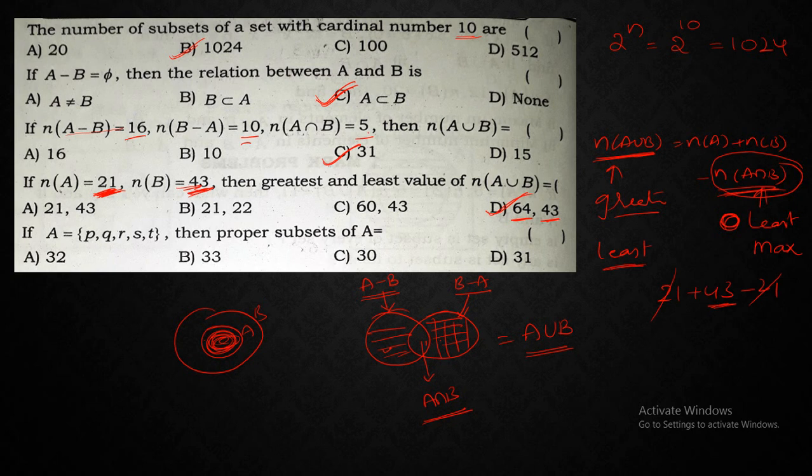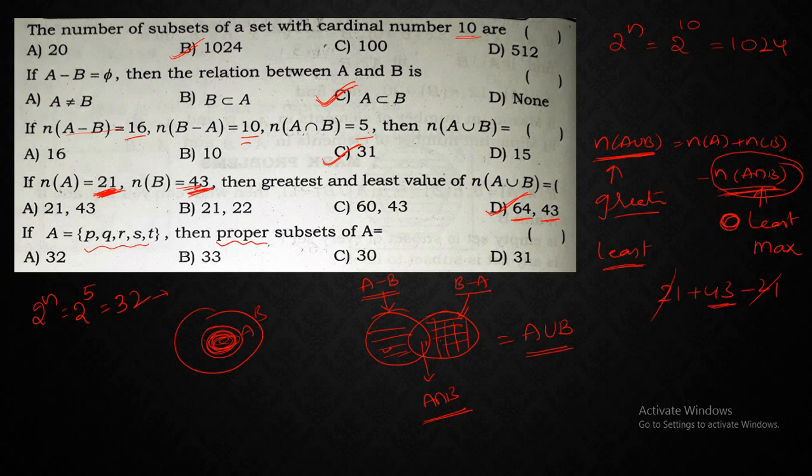Next, if set A has 5 elements, then proper subsets of A. What is he asking? Proper subsets, not subsets, right? If you want subsets, it is given by 2 power n, which is 2 power 5, which is 32.